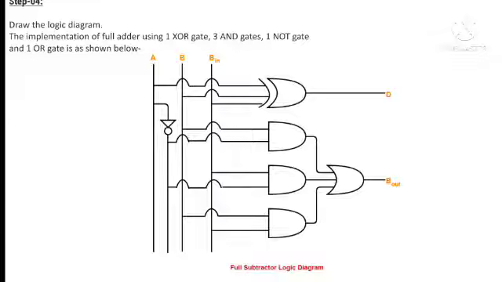So the output is A bar B in, and the input variables of third AND gate are B and B in. So the output becomes B B in.